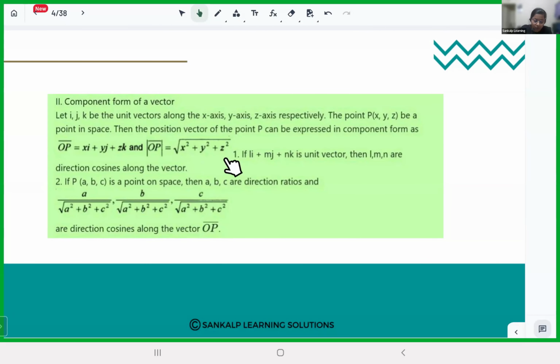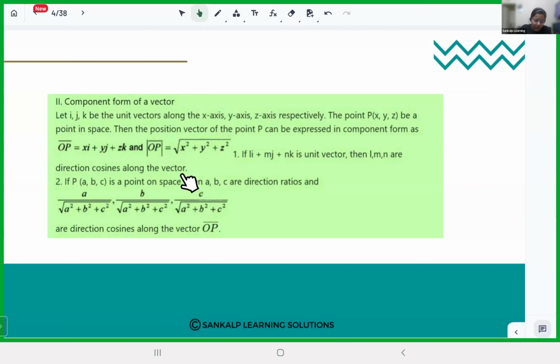These are the scalar components of the unit vectors i, j, k. i, j, k are unit vectors and x, y, z are their corresponding scalar components. The magnitude of the vector is nothing but root of x square plus y square plus z square. I hope everybody knows all these concepts. We are quickly reflecting these topics in order to solve the problems.